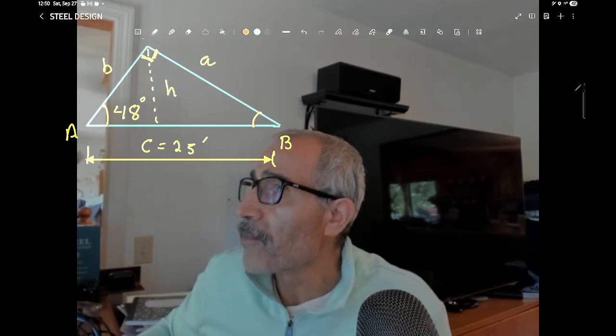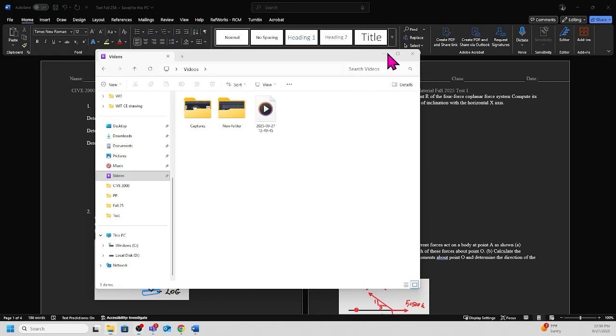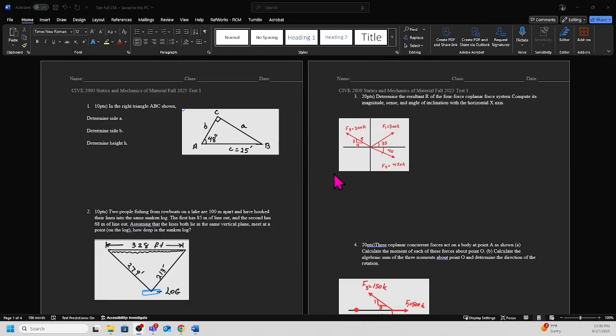That was right here. It was six questions. The first question was a right triangle, given sides A, B, C. The second one was another triangle, an obtuse triangle, and we had all three sides, and we want to know what is the h from here, the height.